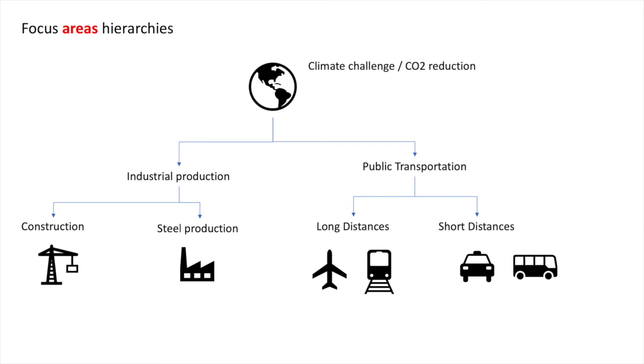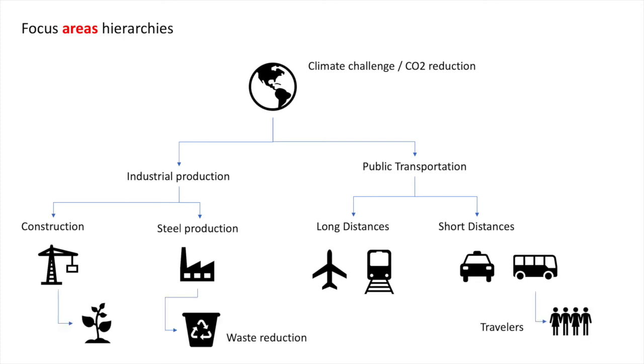We could go even further and define another level, even more detailed. Talking about steel production, we could talk about the focus area waste reduction. And talking about short distances within public transportation, we could talk about the level of satisfaction of the travelers with public transportation. So focuses are very often organized in hierarchies.